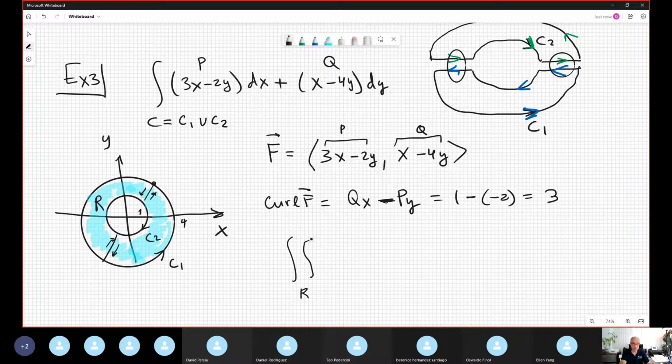Therefore, see, I think it's too complicated doing the line integral, and it's relatively easy to compute this like a double integral. So I decide to switch my problem to the double integral. And the integrand is easy, it is 3. And this is the area A, no? Okay, looks fantastic.